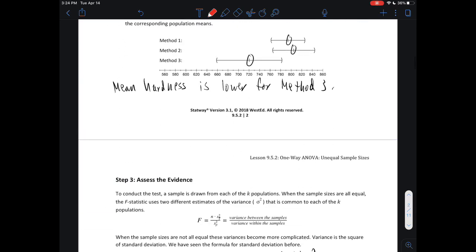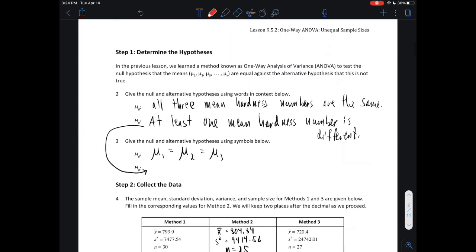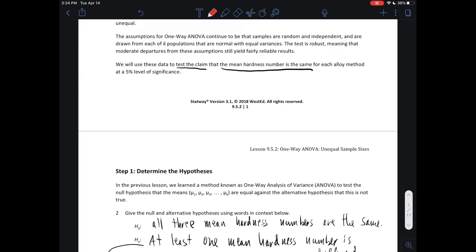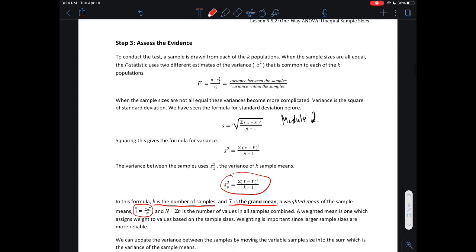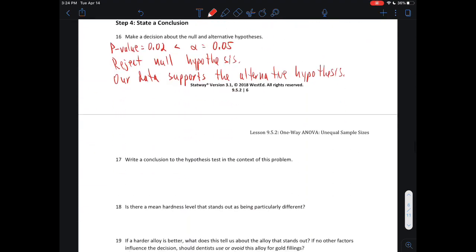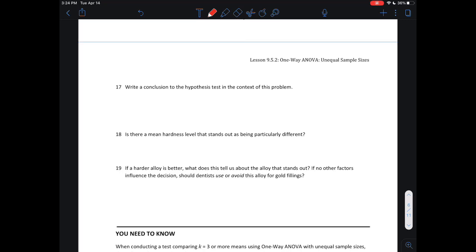So the claim in this case, here's an example where the claim was the null hypothesis. So we would say that the data does not support the claim that the mean hardness number is the same for the 3 alloys. That's what we could say for number 17.